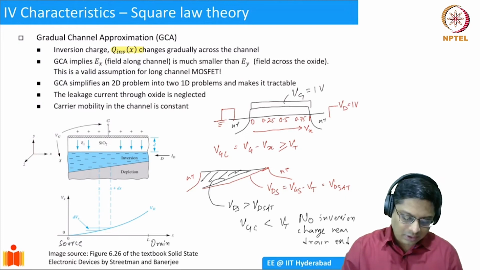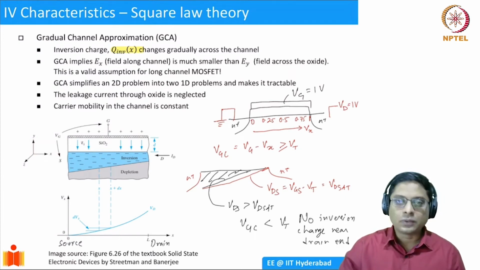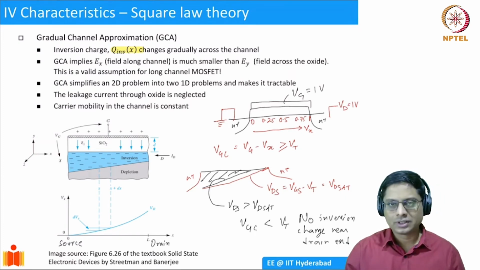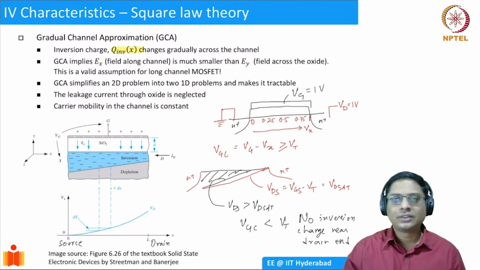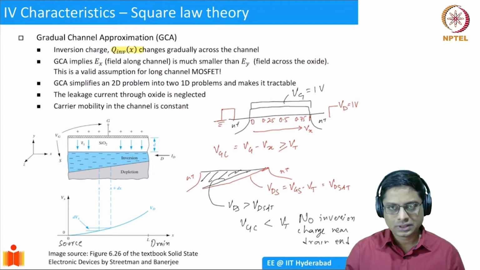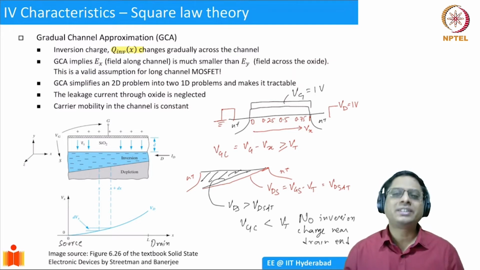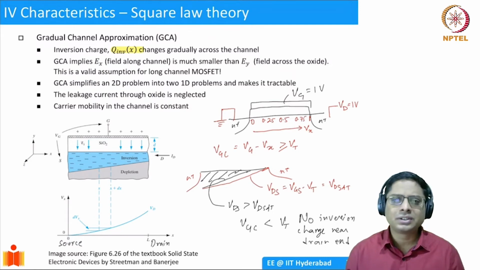So what it tells you is that in the Y direction, whatever gate voltage you have, that field is much stronger than the field across the channel. It's a very reasonable approximation. Remember, what is the gate oxide thickness? Maybe 10 nanometers, 5 nanometers, right? So the fields are going to be very large compared to channel lengths, which are maybe tens of nanometers.